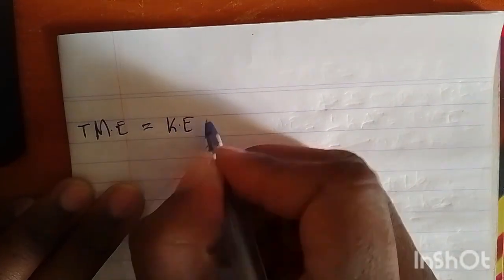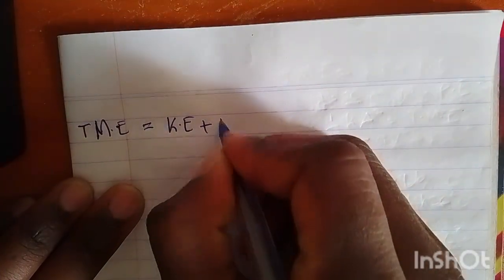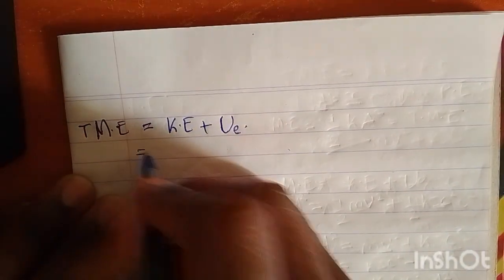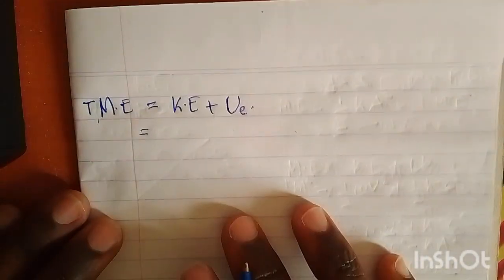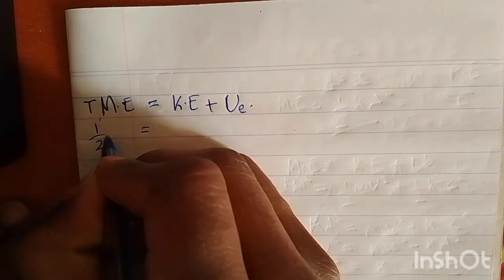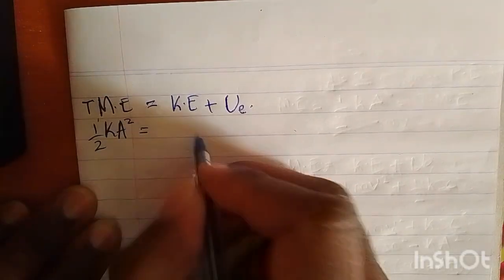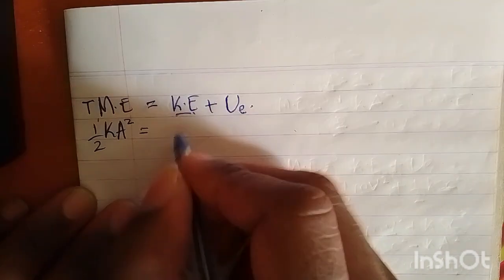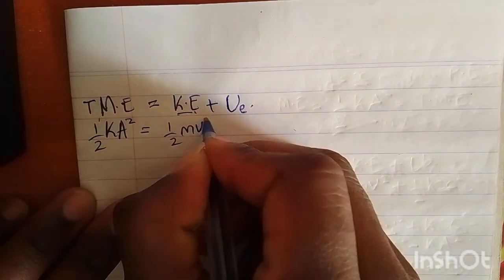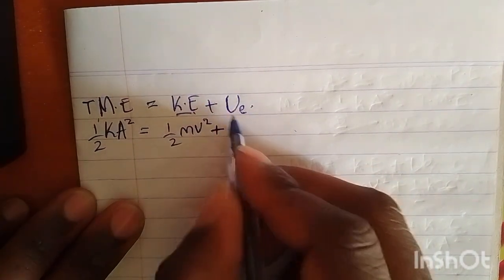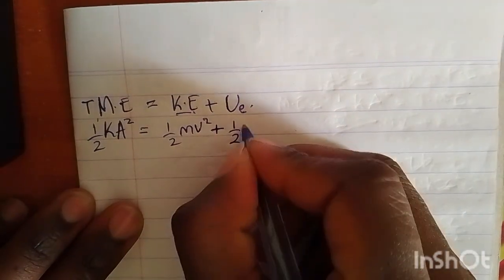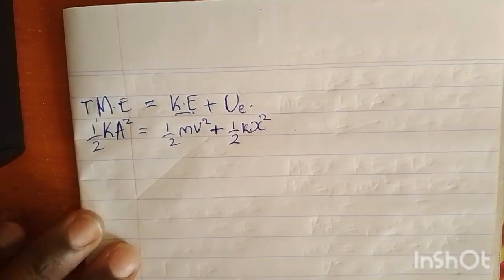Now we combine all three equations, whereby you see that the total mechanical energy will be equal to the kinetic energy plus the potential energy. The total mechanical energy of the system, as we saw, was half k A squared, kinetic energy is half mv squared, and potential energy is half kx squared.